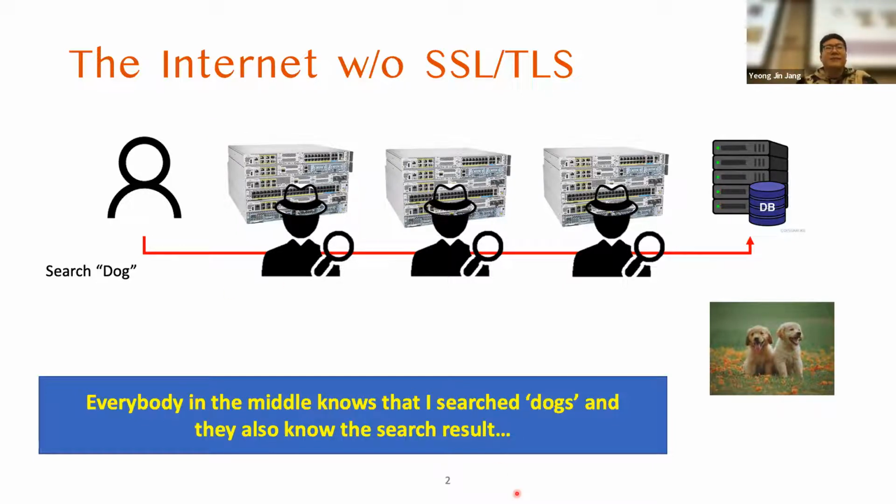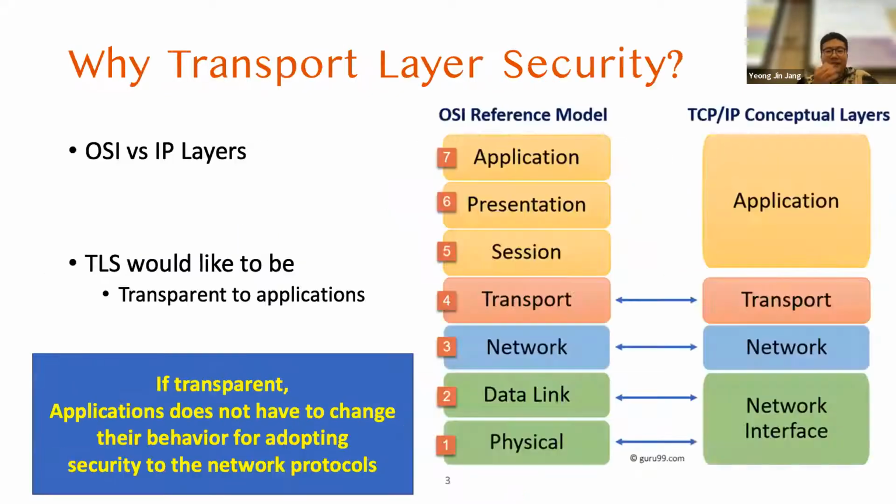So the problem is that all the middlemen can see the content of the network packet, and that's why we implement transport layer security. The reason we call it transport layer security is that, in the OSI reference model, we implement TLS around layers 6 and 5. But in the TCP/IP internet model, we place transport layer security between the transport and application layers. From some examples, we have seen that regular socket communication and TLS socket communication require only a minimal change in the application.